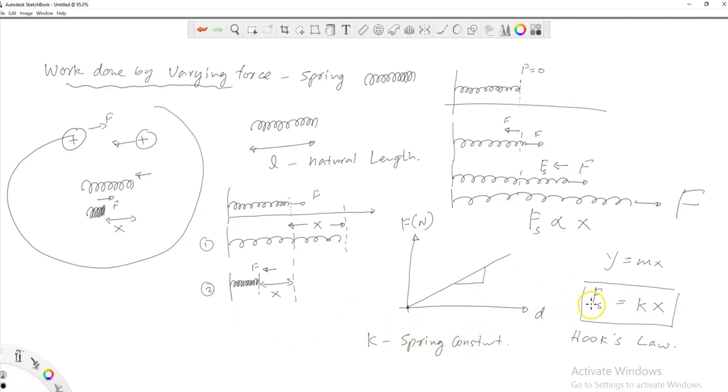So if you look at this equation, I'm going to write it over here. F equals kx. F is in newtons, x is in meters, so therefore k units are newtons per meter.